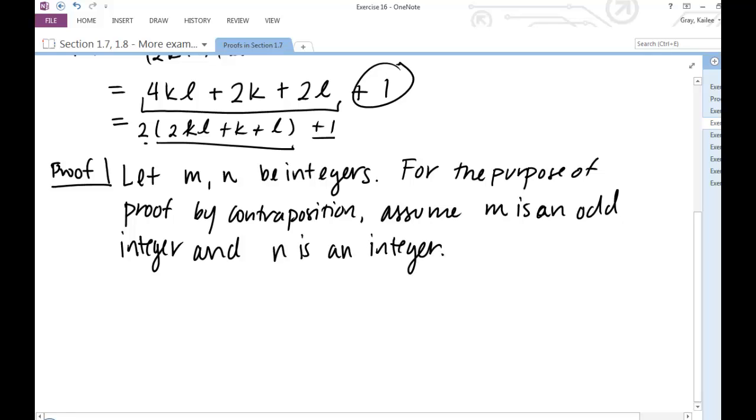Okay, so this just tells your reader, she is assuming the negation of the conclusion. So I know that my hypothesis in the actual statement I'm trying to prove is not m is odd and n is odd, an odd integer.